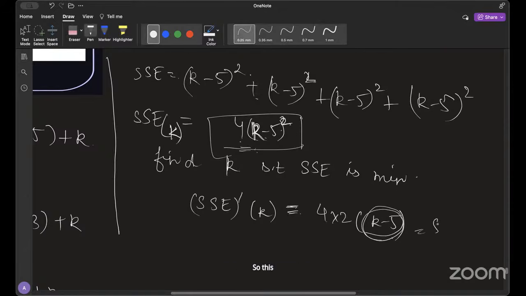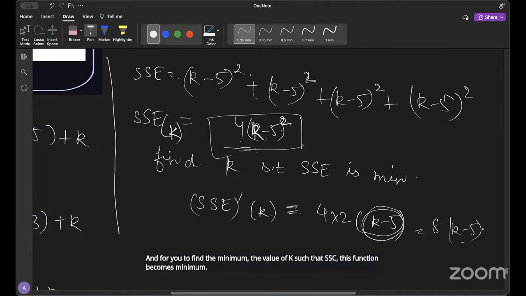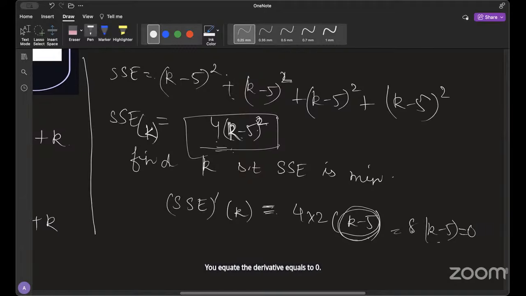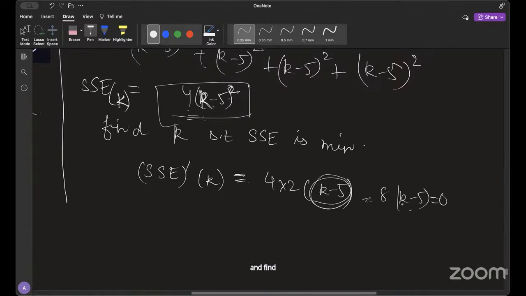So this becomes 8 times (k minus 5). And for you to find the minimum, the value of k such that SSE becomes minimum, you equate the derivative to 0 and find the value of k. So you have to find the value of k such that the derivative of this function is 0. That gives you k equals 5.